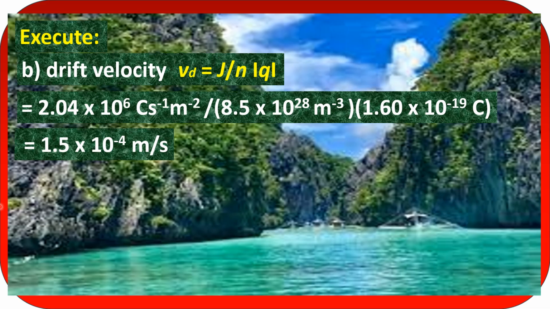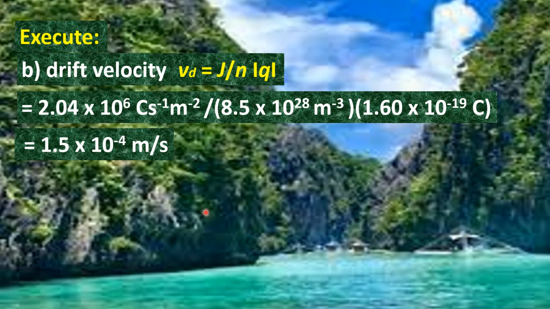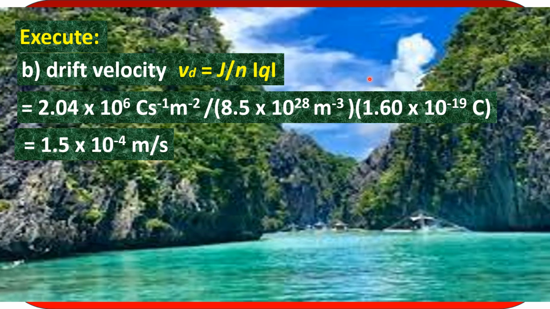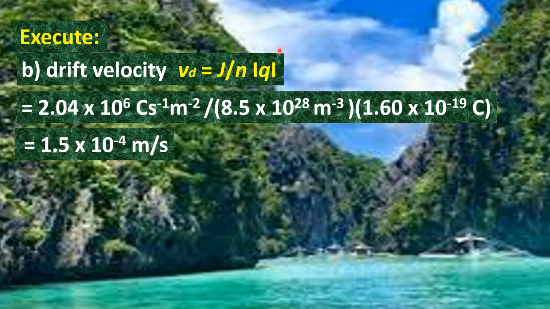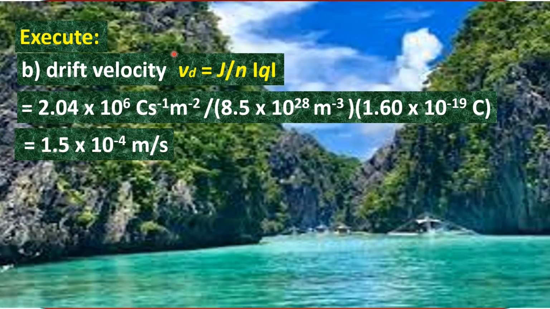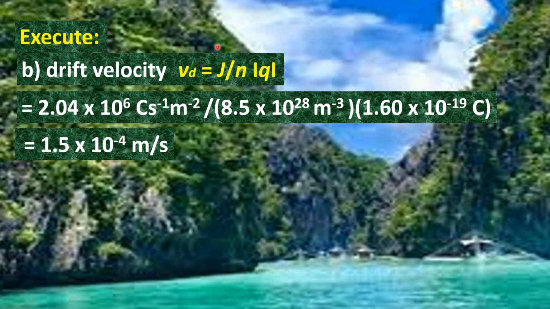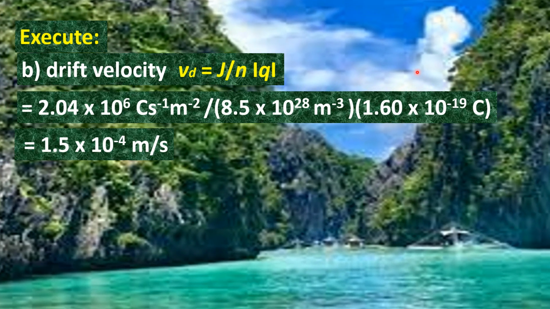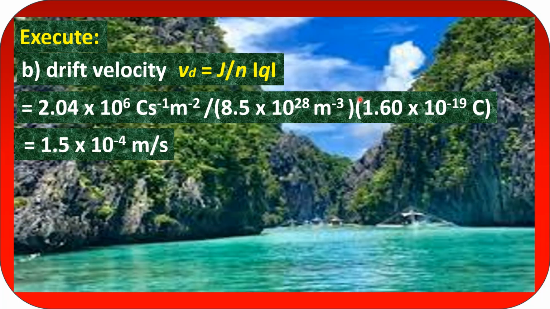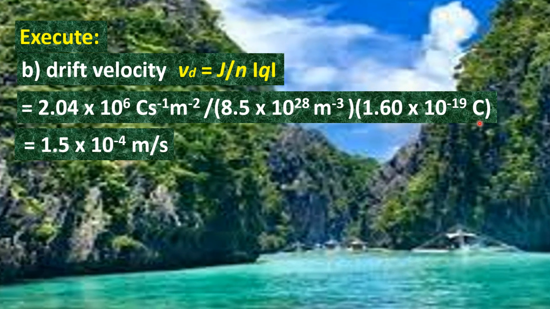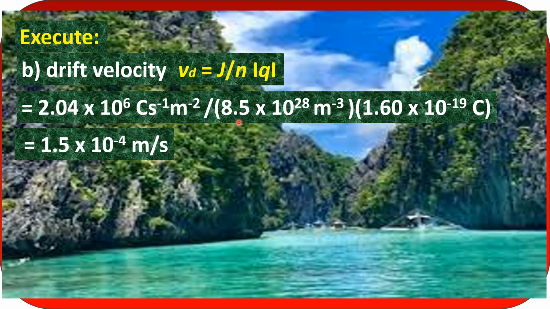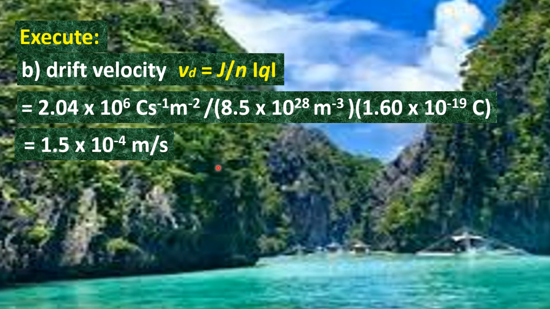As expected, the unit is in meter per second because in our preceding equation or substitution, the unit coulomb gets cancelled, and the meter squared also gets cancelled.